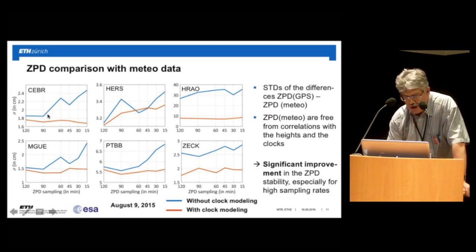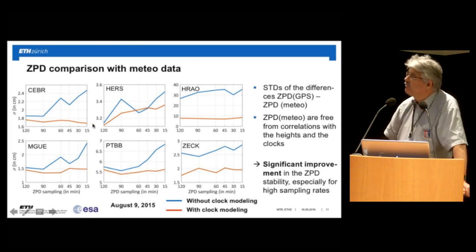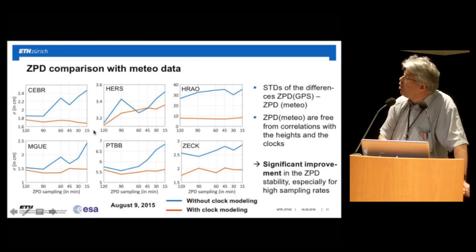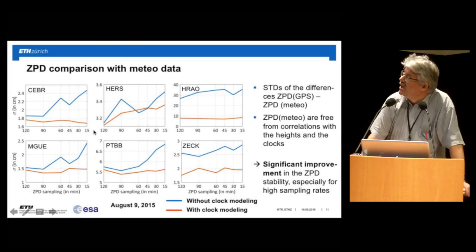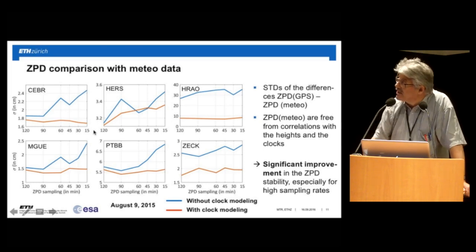But if you model the clock, in red, you stay at more or less the same level, and you always have an improvement in these troposphere estimates.